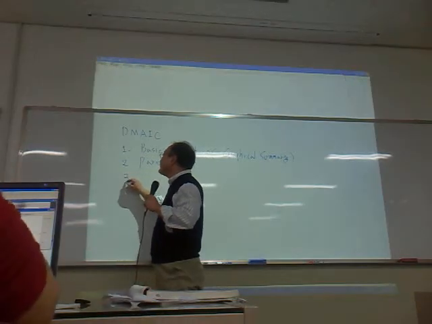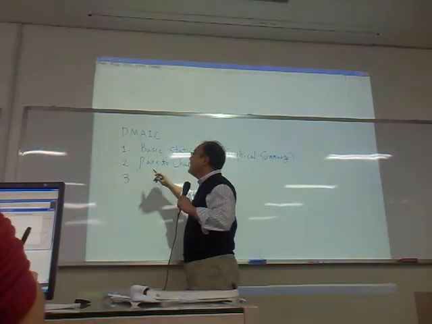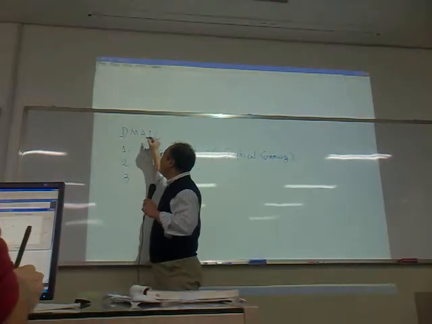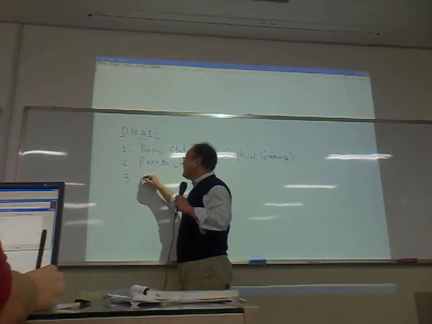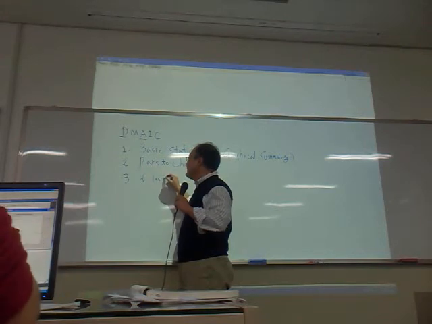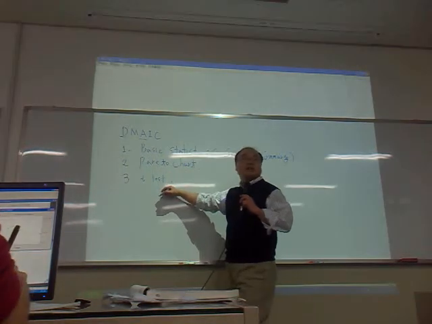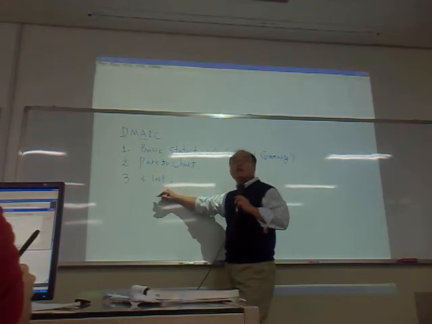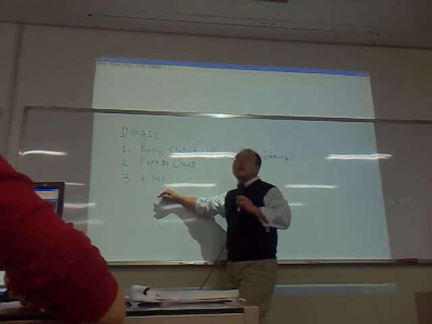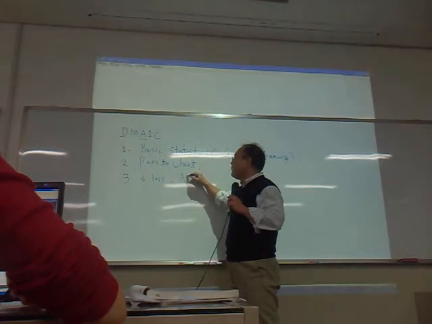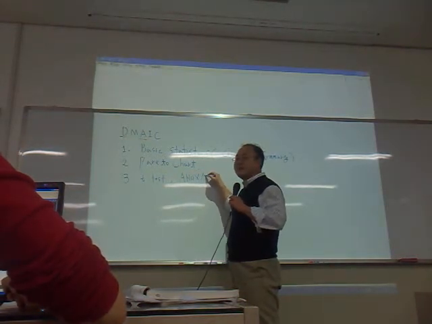Second, in the analyze stage, we practice the t-test, right? T-test. In the t-test, we compare the two groups, right? For more than two groups, we use the ANOVA test.